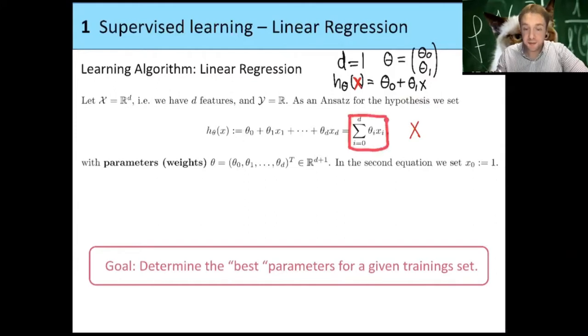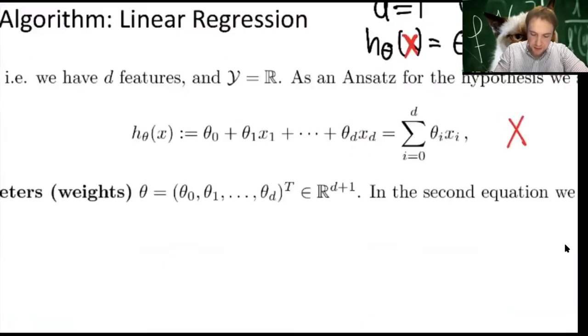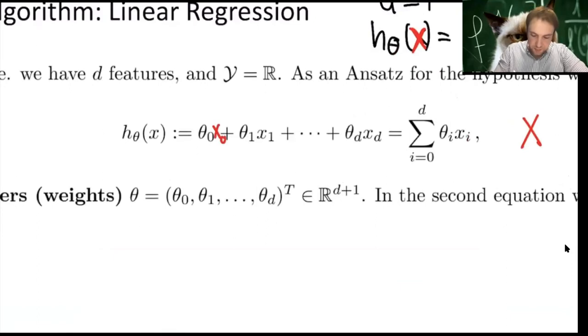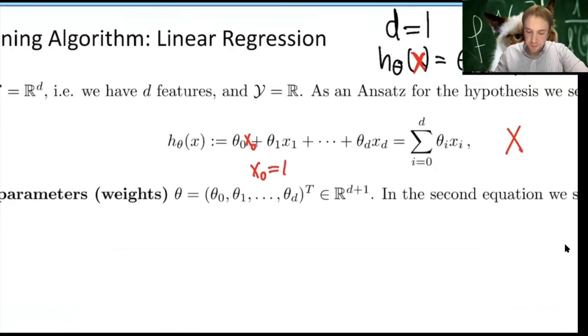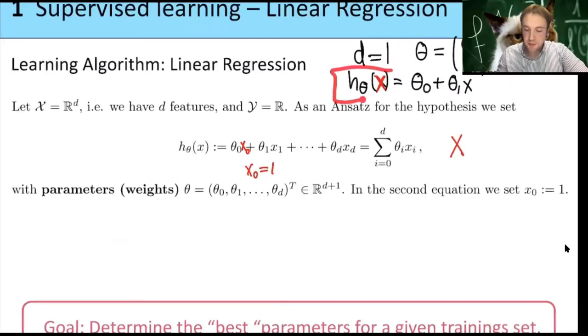Because we want to write it in this way, we will also introduce this x0 here. So here we also have an x0, but we use the convention that this x0 is always 1. So the x we plug into our hypothesis will always have two values, x0 and x1, but x0 will always be 1.